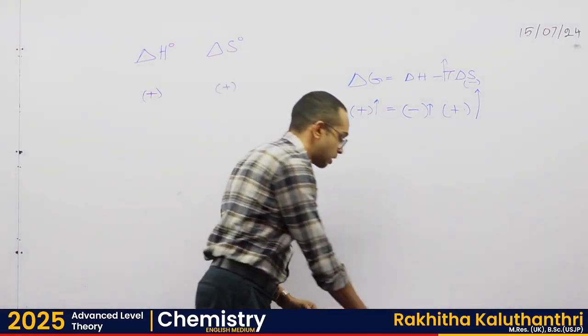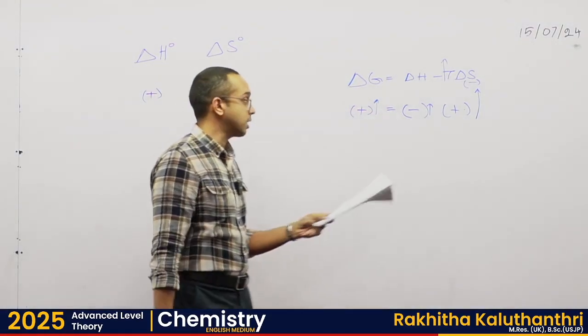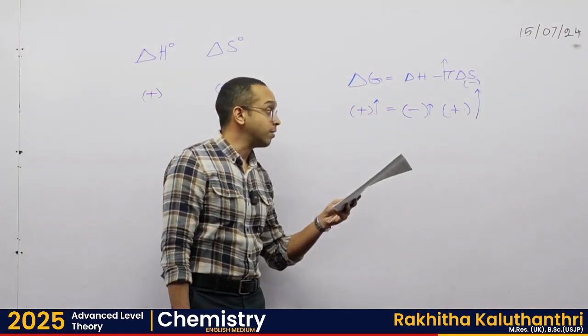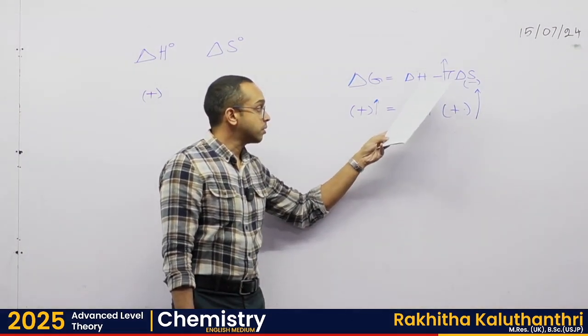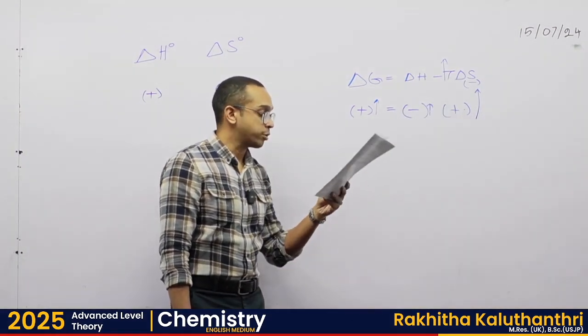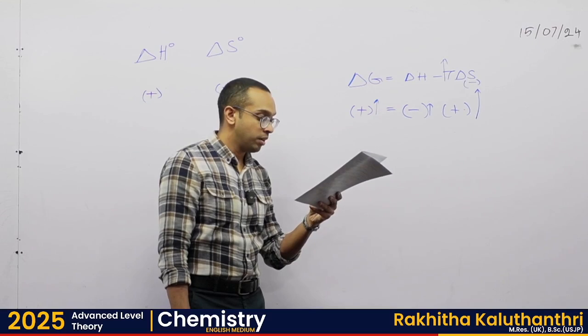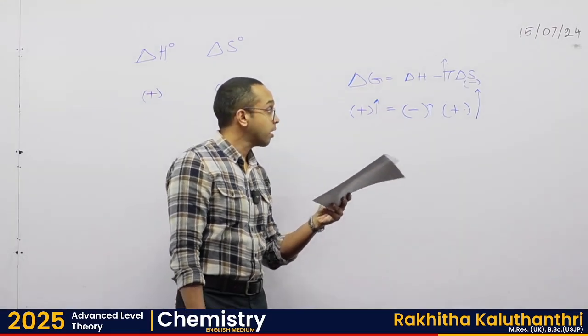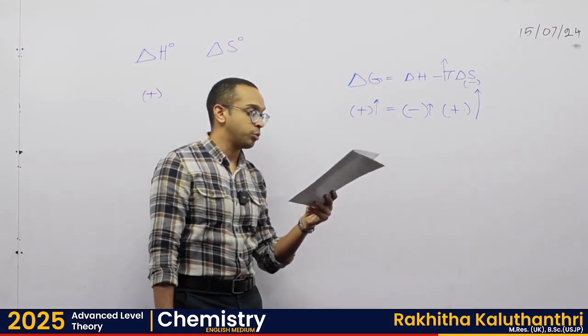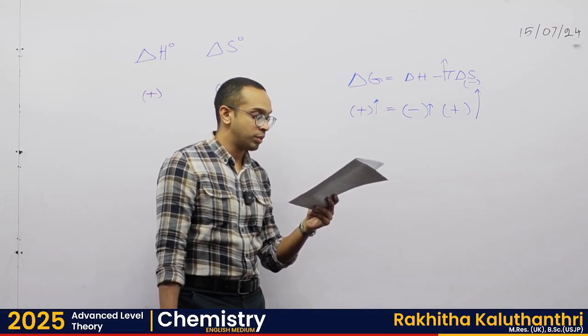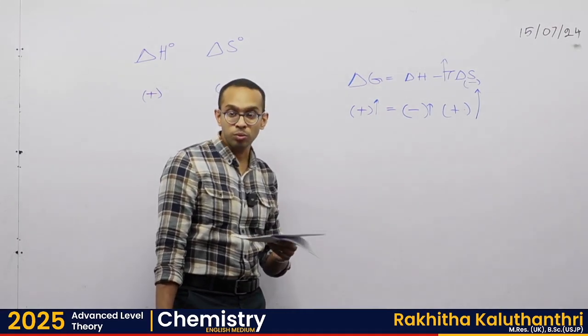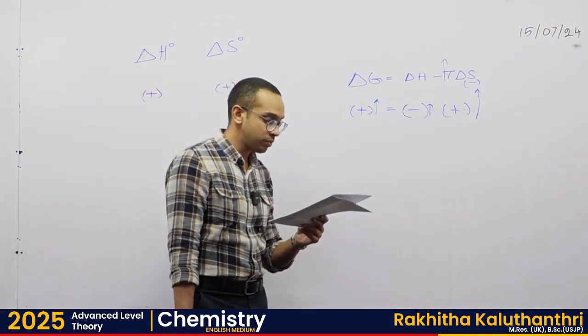So therefore students, you have to choose the correct answer here. Delta H is negative and delta S is also negative, and delta G also should be negative at 298 Kelvin. So the answer with all negatives is 2. Answer is 2.